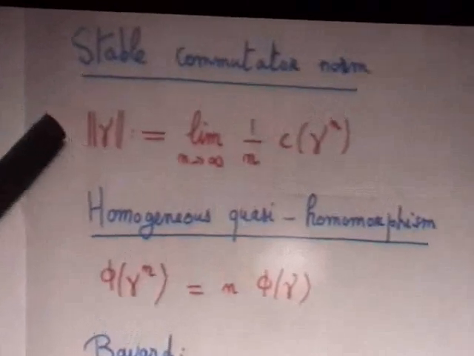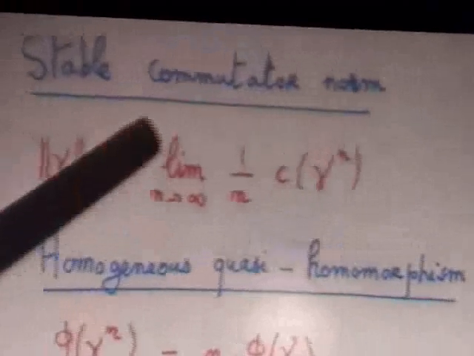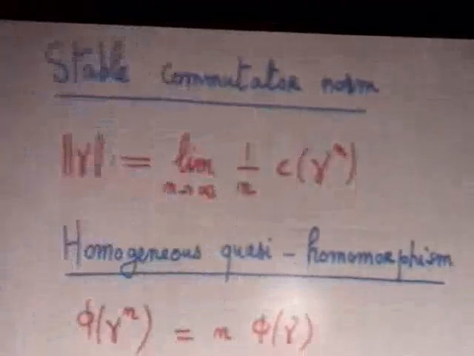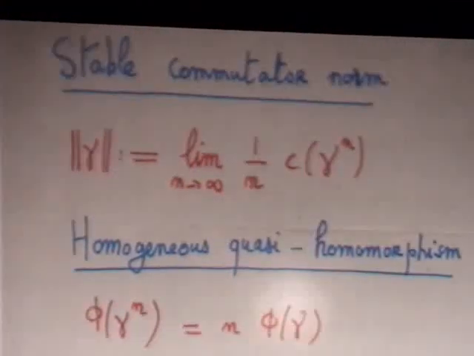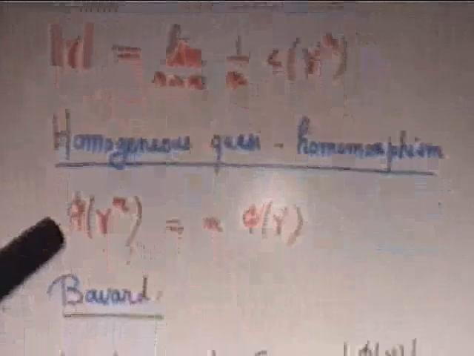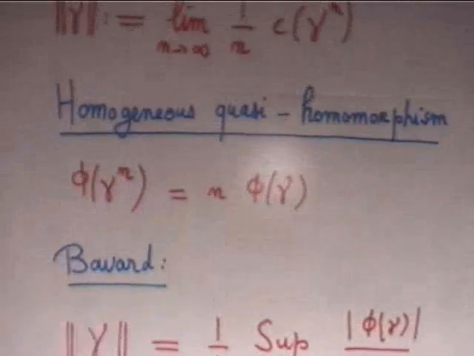You define the stable norm of an element gamma as being the limit when n goes to infinity of 1 over n commutator length of gamma to the nth. You say that a quasi-homomorphism is homogeneous if it satisfies phi of gamma to the n is n times phi of gamma.